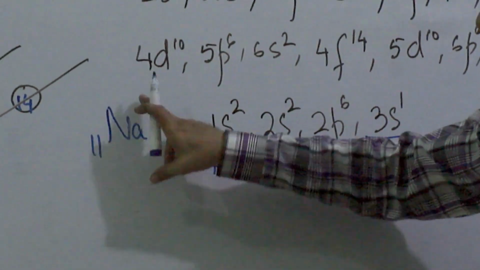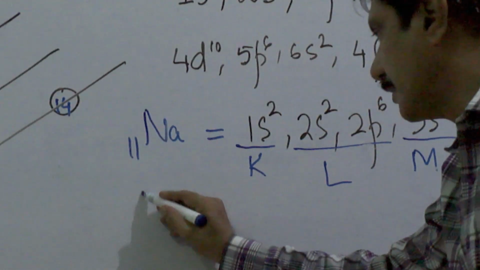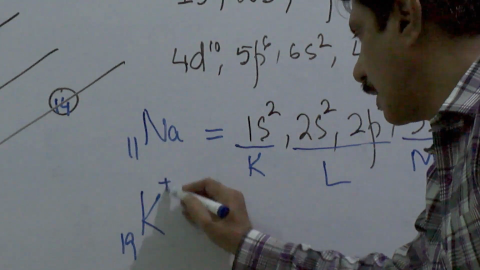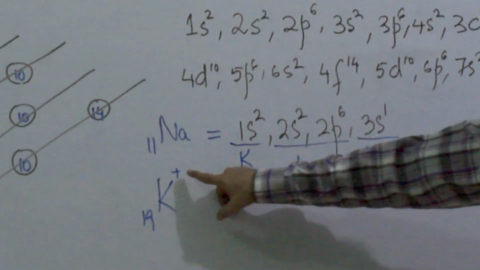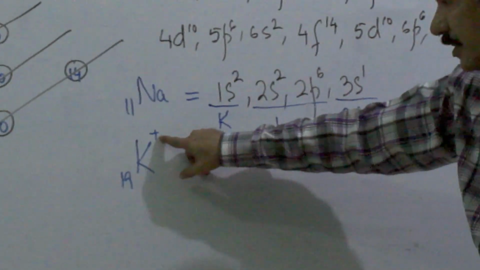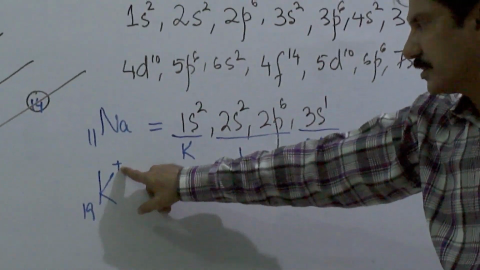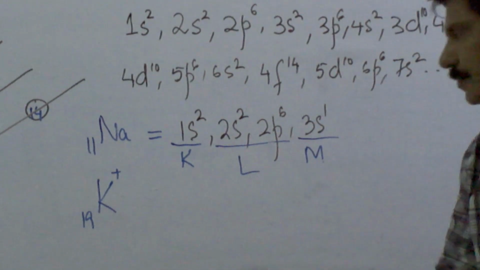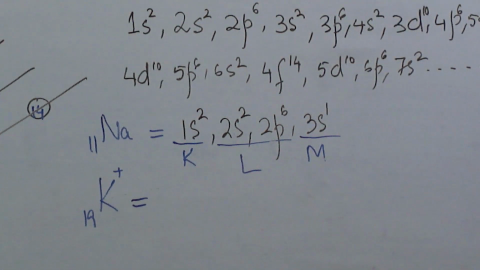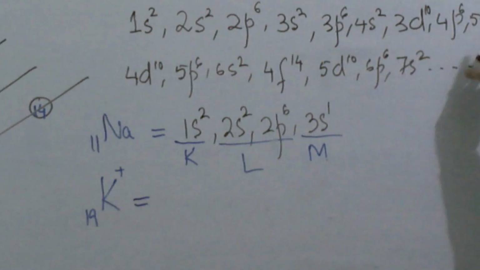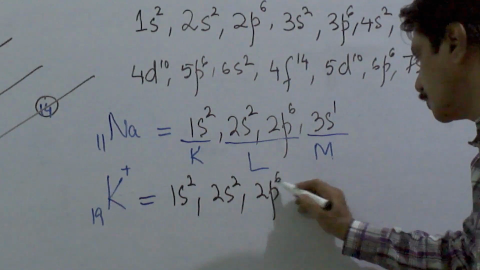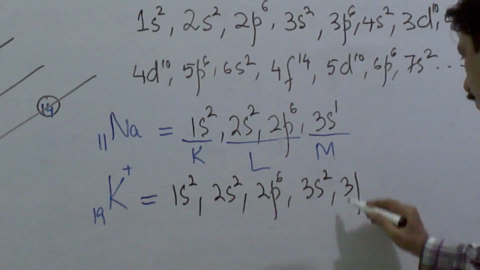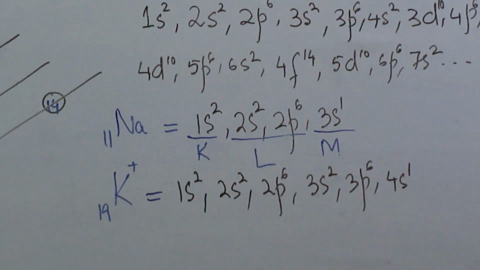This was an atom, it had no charge. But if I write the potassium ion here, carrying a monopositive charge, it shows that out of a total of 19 electrons, potassium has lost 1 electron. So the remaining electrons to be filled here are 18. Now the 18 electrons in the potassium ion are filled following the Aufbau principle: 1s2, 2s2, 2p6, 3s2, 3p6, 4s1.